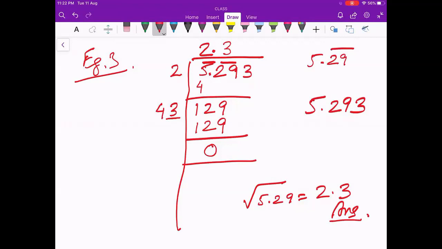But for the digits before the decimal, we move from left to right. Now in this case, 5.293, just after the decimal, the number is 2. So we start from 2 and move towards 9. So this is our first bar.